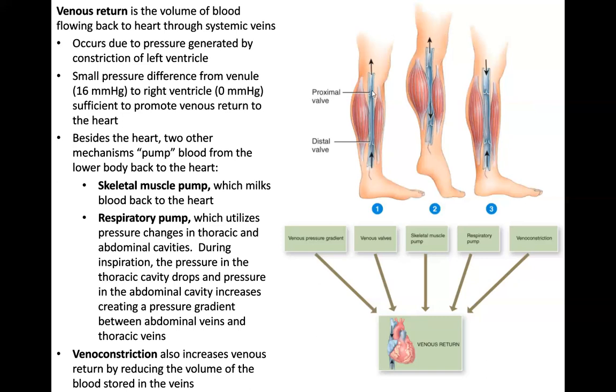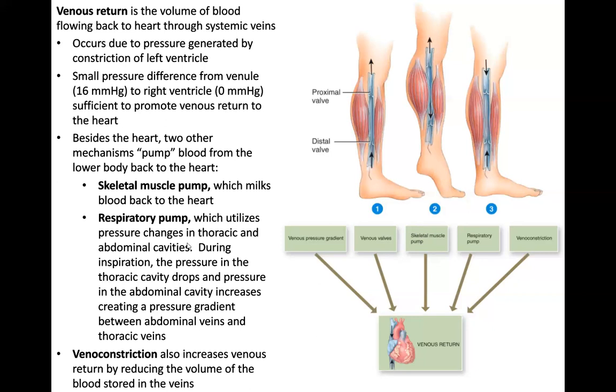And thanks to those venous valves that I talked a little bit about the other day, they prevent the blood from flowing backwards after that contractile squeezing process takes place. So it's only going to allow the blood to go forward, just like what we talked about with the valves inside our heart.